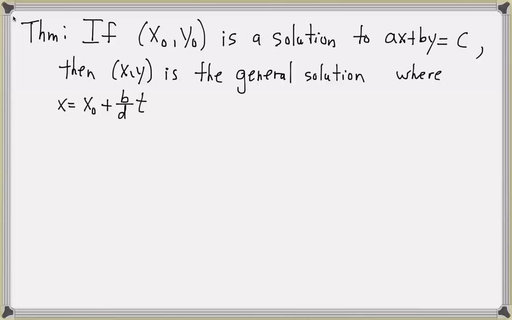And y equals y0, the y coordinate of our particular solution, minus a over d times the integer t.